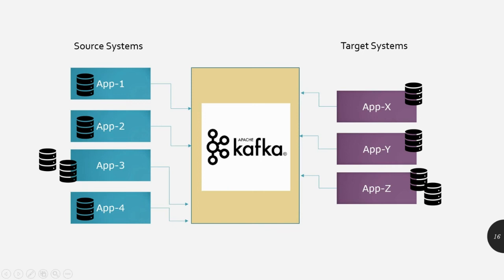Now, the source system which is responsible for sending the data, we will call them producers in Kafka. And the target systems which are going to receive the data from the source system are called consumers in Kafka terminology. That means the source pushes the data to Kafka and the target system receives the data through Kafka.